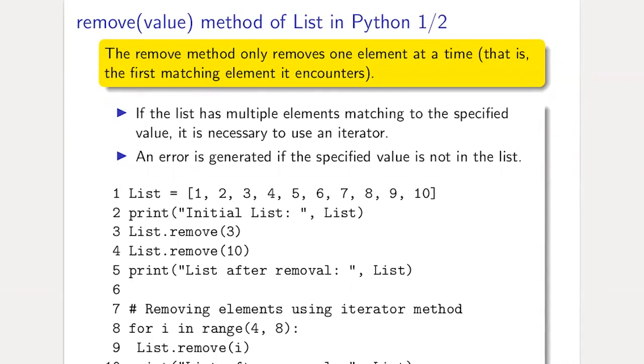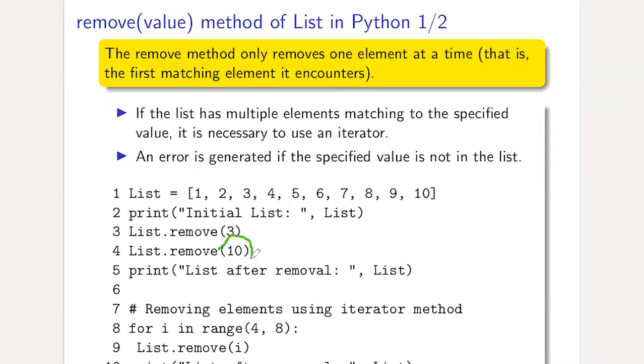In that, I asked to remove item 3. So I have to give the value. Then the Python system will go through the list starting from the beginning, and the first time it has a match, it will remove it. Okay.